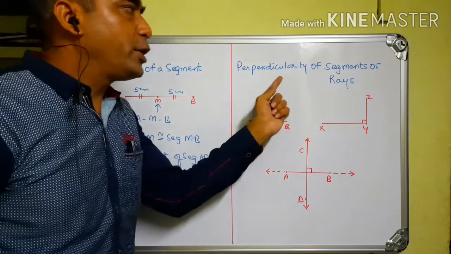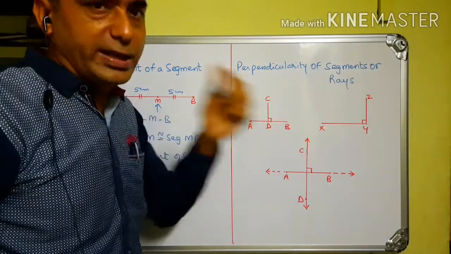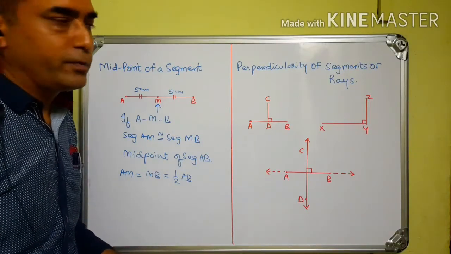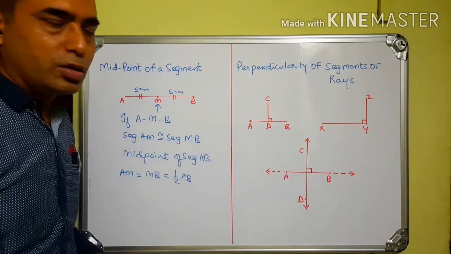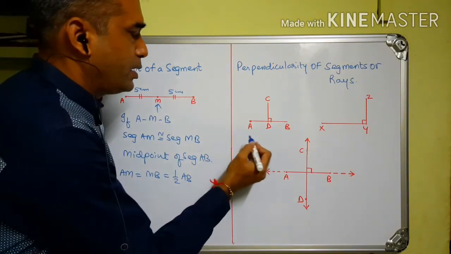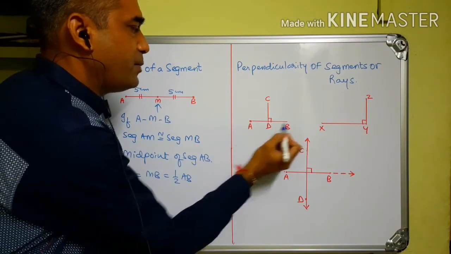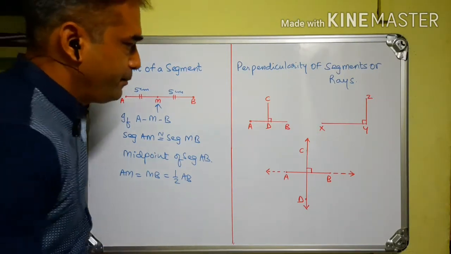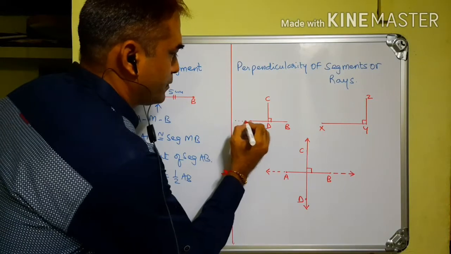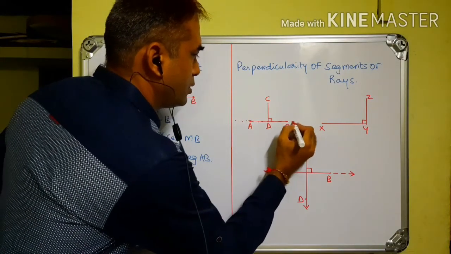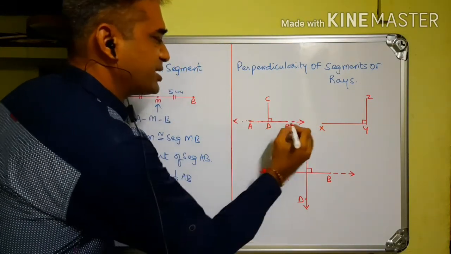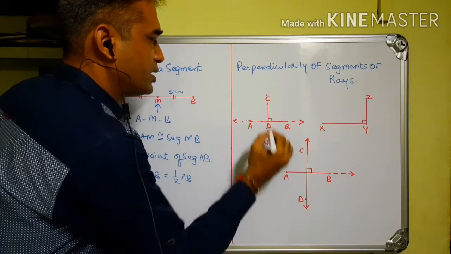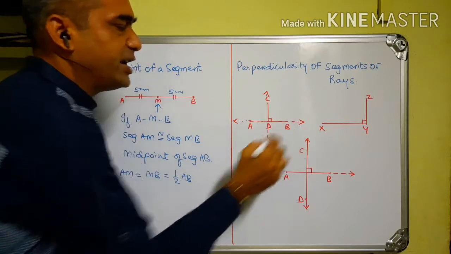Now perpendicularity of segments or rays. Suppose this is segment AB and this is segment CD. So this is the line containing segment AB and this is the line containing segment CD.